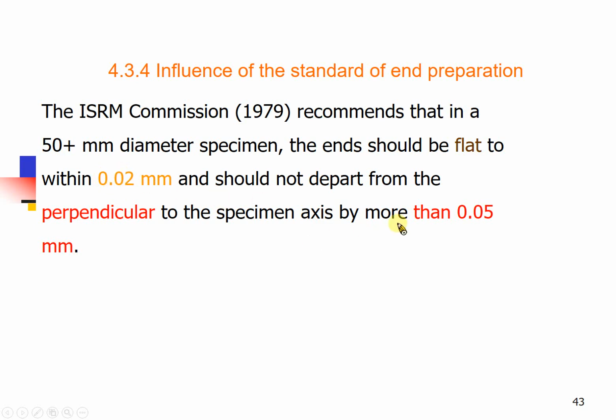And the plane deviation from the sample axis cannot exceed 0.05. So there are two things. The first thing is that these two plane sample ends should be as smooth as possible. The other thing is that they need to be parallel to each other, and they cannot be like this. They need to be perpendicular to the sample axis. So the allowable precision will be here.